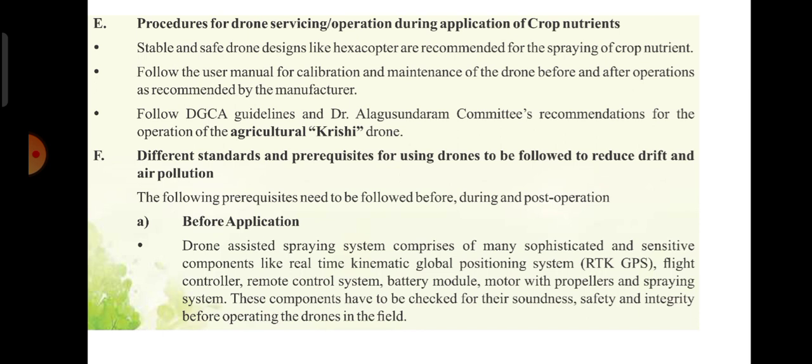Different standards and prerequisites for using drones are to be followed to reduce drift and air pollution. This is the same as what we use for insecticides and pesticides, because the procedure is the same. Only the size of granules or the form of liquid and solid will change. So those are the same, and I am not going to discuss them.